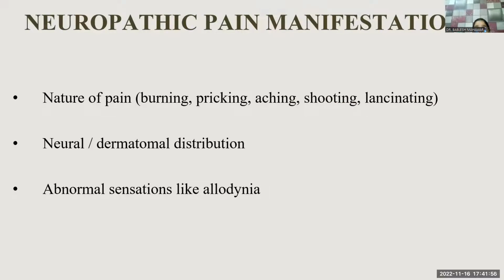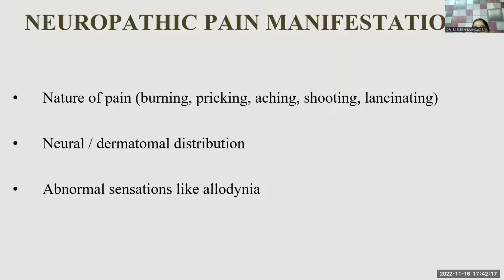Okay, so now the manifestations. What are the features of this neuropathic pain, that after taking the history, it clicks to our mind that, yes, this is something which is abnormal? So the nature of pain becomes different. It becomes burning type, pricking type, aching type, shooting type, lancinating, electric shock type of pain.